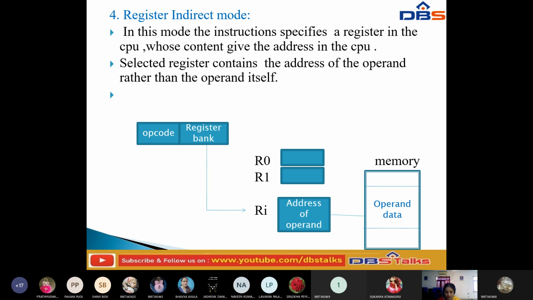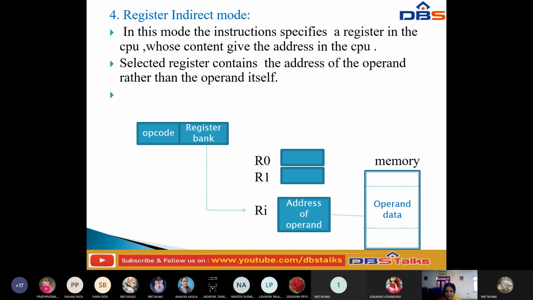In this mode, the instruction specifies a register in the CPU whose content gives the address of the operand in memory. In other words, the selected register contains the address of the operand rather than the operand itself.